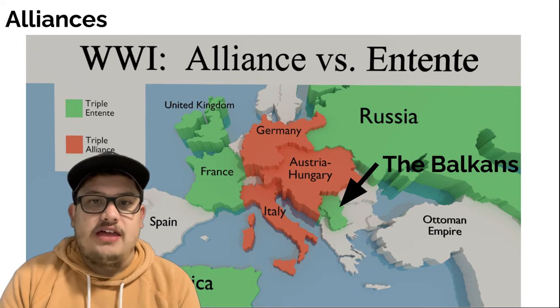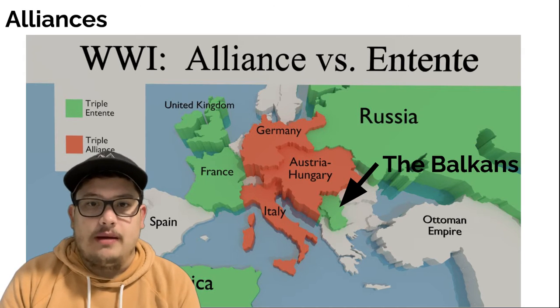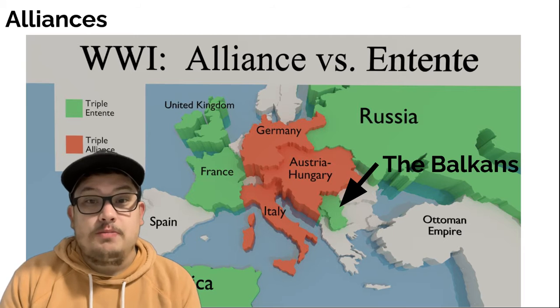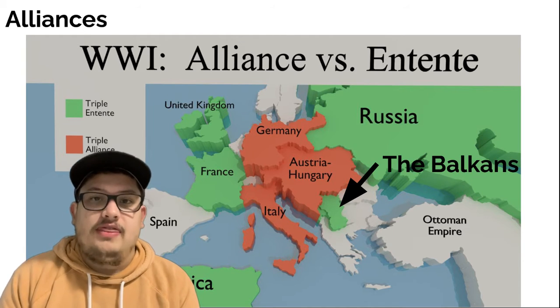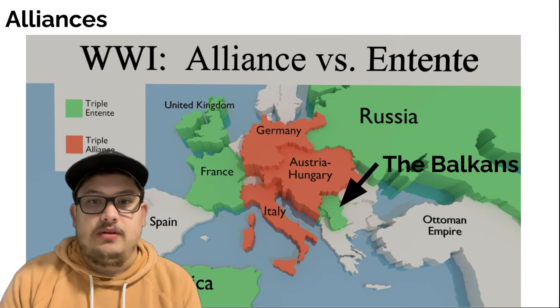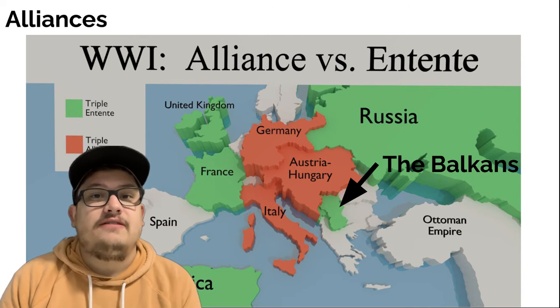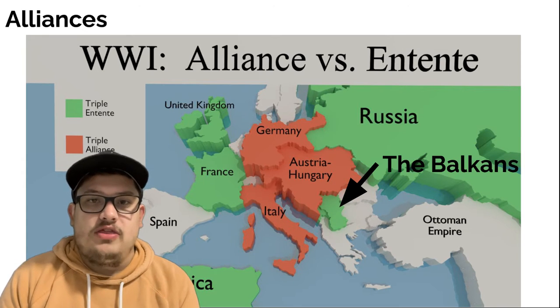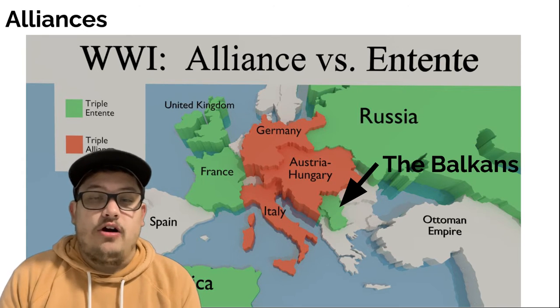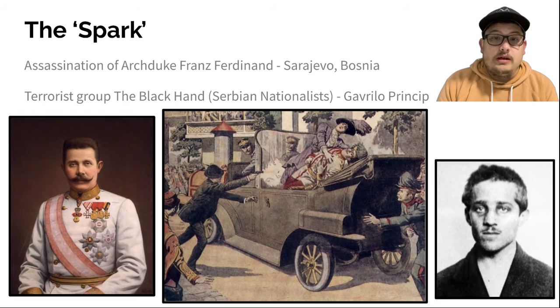Essentially, you have ethnic nationalities throughout Europe, but you have them in this area, especially the Serbs. And they want to have their own piece of land that has their ethnic people on it. And Austria-Hungary is kind of taking away some of that land. And so you see some cries within this ethnic group of, we want our liberation. And so ultimately what's going to happen is there's going to be a conflict in the Balkans that's going to lead to World War I.